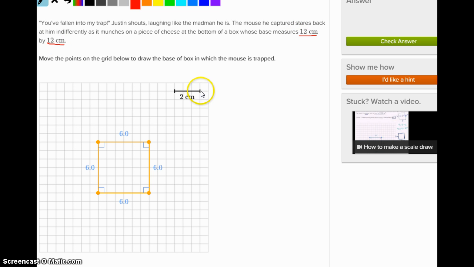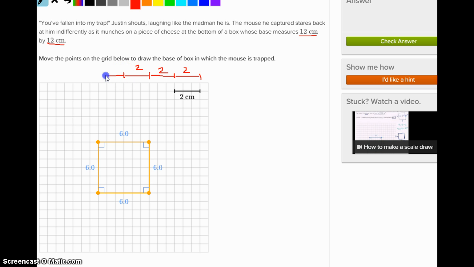So I know that the scale here is 3 blocks makes up 2 centimeters. But the way I can look at this is how many of these do I need to make 12 centimeters? So if I've got 2, another 1, 2, 3 gives me 4. And another 1, 2, 3 blocks gives me 6.